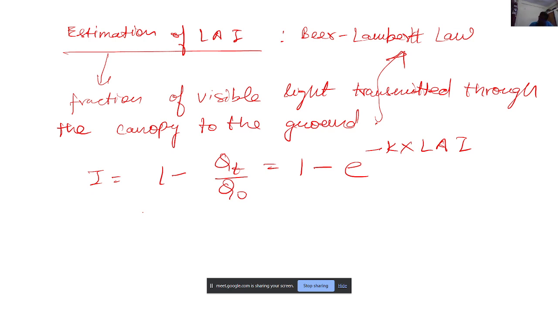First of all, this coefficient K is known as the extinction coefficient, very similar to the one I used with aerosols in the last weekly live session.